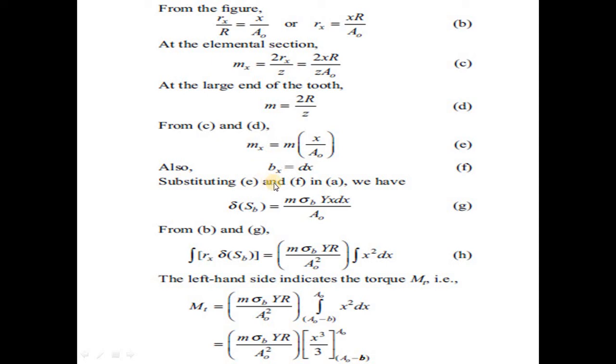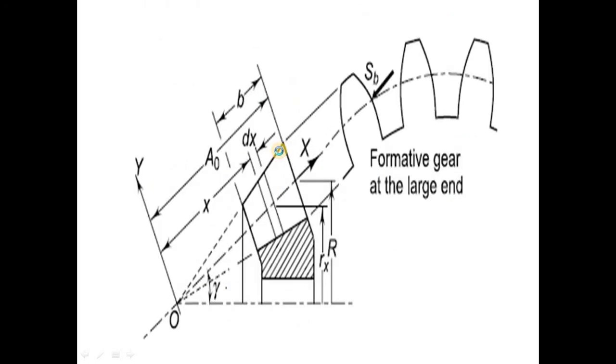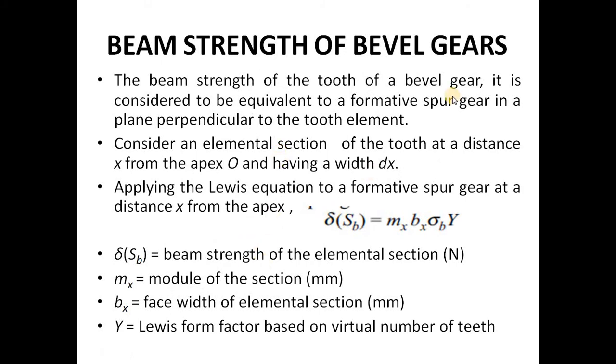Already we have discussed bx is equal to dx, because this is the size of that elemental section and this is the face width for that elemental section. From equations E and F, this is the bx value, the mx value, and from the previous equation, this is the A equation. Here we said this is the first equation.